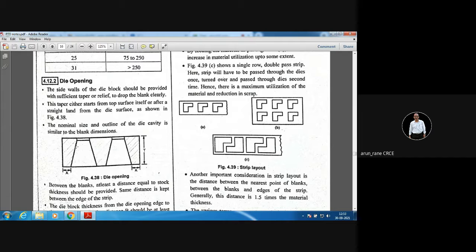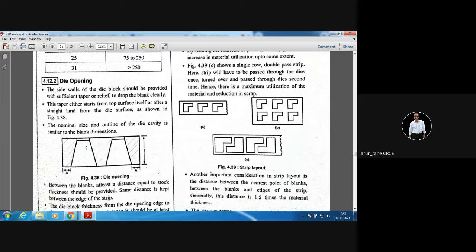Second, suppose you are keeping this straight throughout, then when the slug is falling down, there is a possibility that the slug may get jammed, because this size is within tolerance. Suppose you are doing blanking and the blank diameter is 25, then this size will be exactly 25 and you will have some tolerance of 20 microns, so this size will be 25.00 to 25.02.